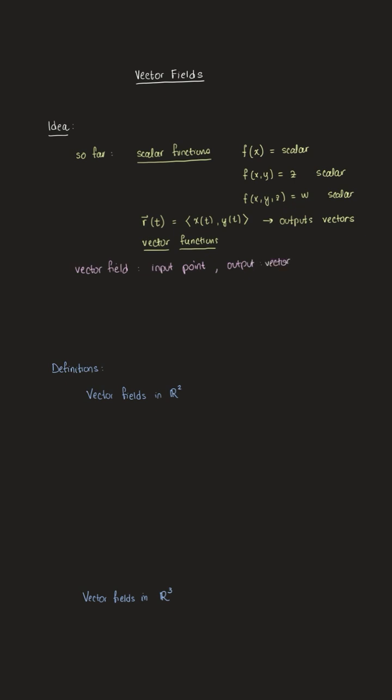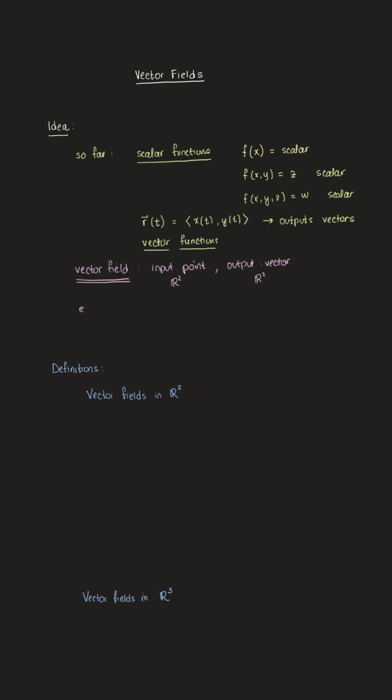So in R2, the input is a point in R2, so x y, and the output is a vector in R2. And the way that we graph these is that we draw a vector at every point in space. So that is what the idea of a vector field is in general.